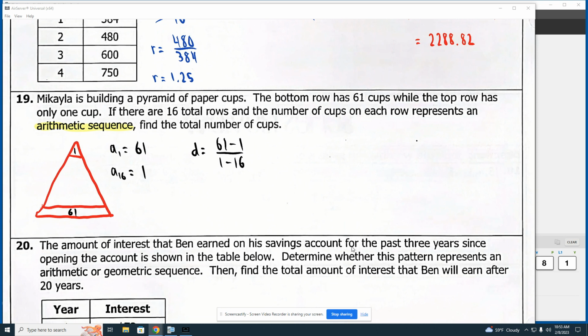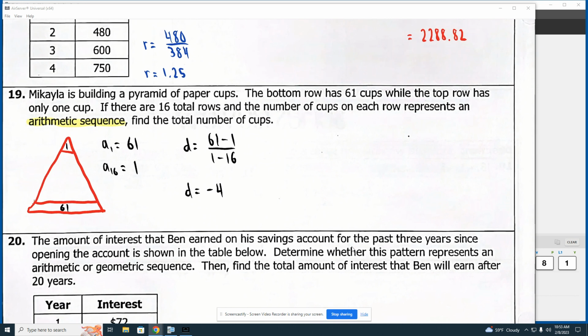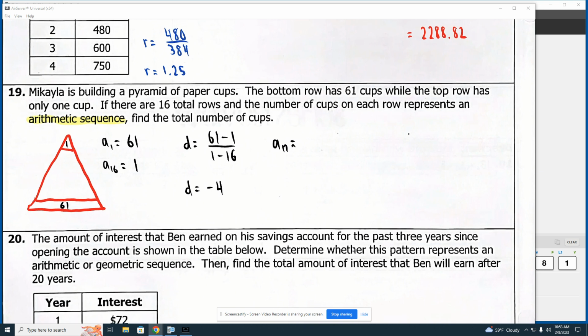Now, if you do this, you're going to get 61 minus 1 over negative 15, which is 60 over negative 15. So your common difference is going to be negative 4. If you went the opposite direction, your common difference would have been positive 4. It would work out the same way. I promise. So, we're almost done. Our equation, because this is arithmetic, is a sub 1, what's that?